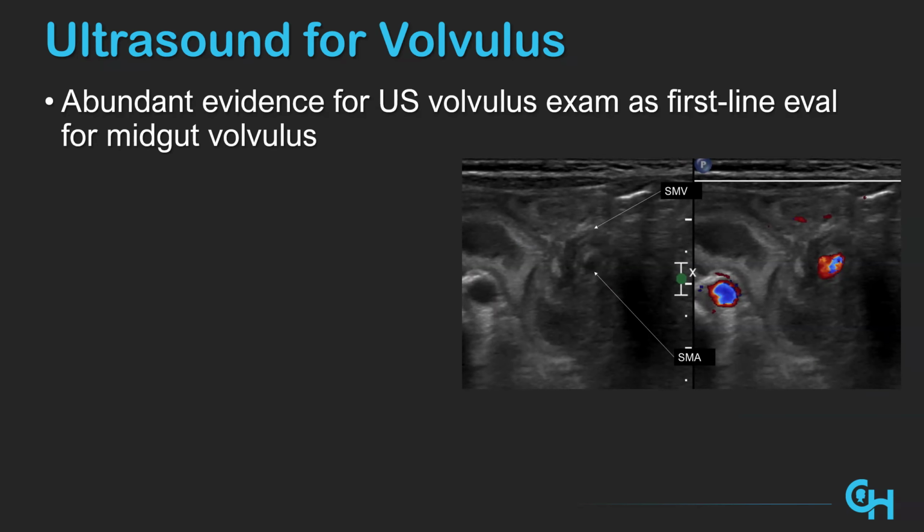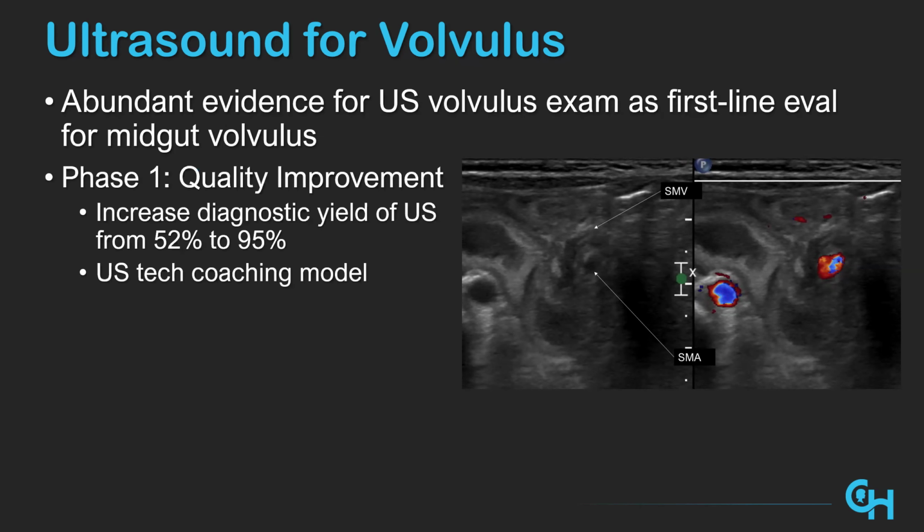The task that we're focusing on today includes changing our strategies for ultrasound, or changing our approach to the diagnosis of midgut volvulus. And there's abundant evidence that ultrasound is a good first-line imaging examination for midgut volvulus.